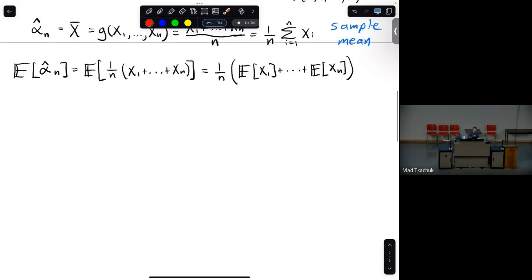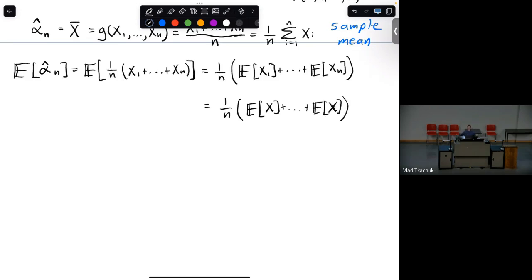So I can equivalently write that this is just equal to 1 over n, and then plug in the expected value of x for each one of these things. They all have the same expected value, and we know what it is. It's alpha. So this thing just becomes 1 over n times n alphas, which is just alpha.